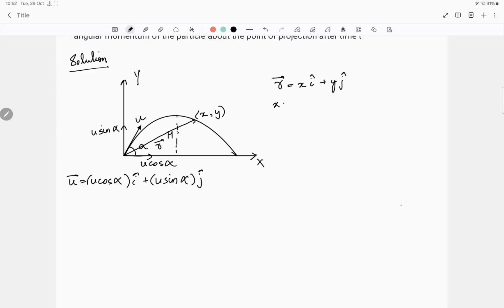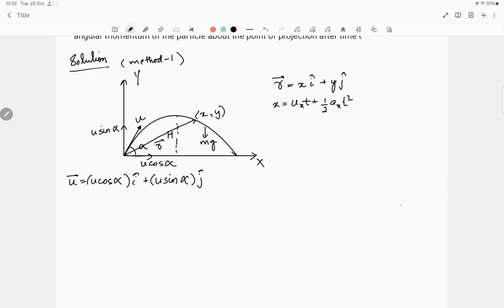What is the value of x? x is equal to ux into t plus half ax t square. Remember, gravity acts downwards here, mg. Let's be clear, this is method 1.